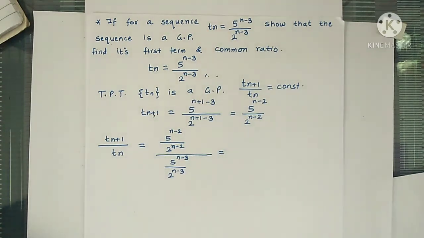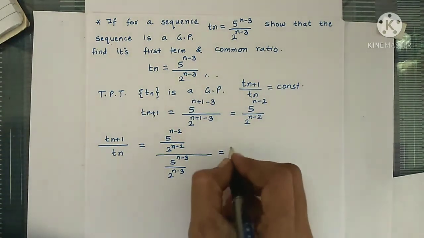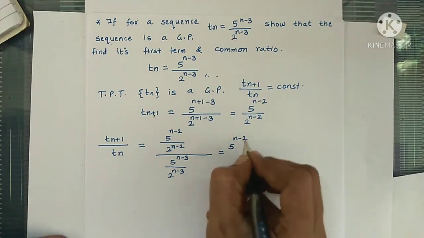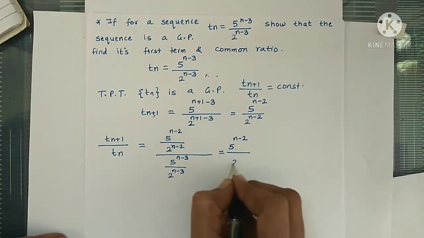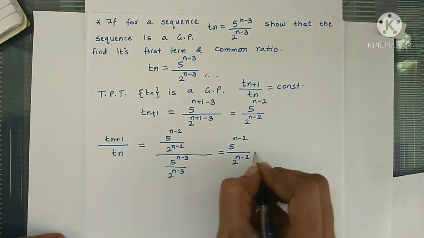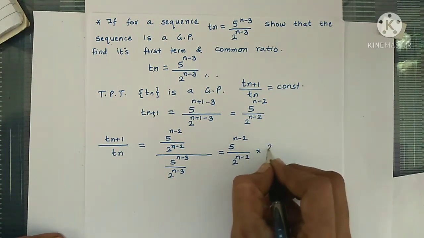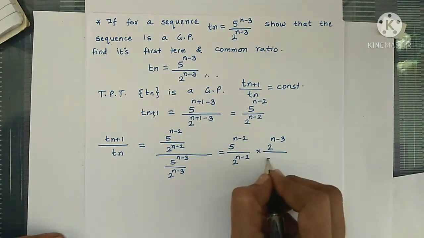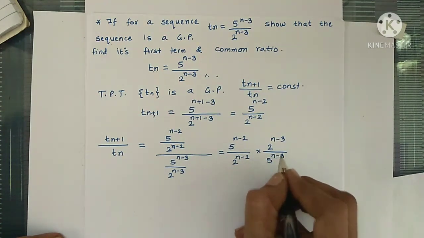Now division means multiplying by the reciprocal. So multiplying by the reciprocal we have 5 raised to n minus 2 divided by 2 raised to n minus 2 multiplied by 2 raised to n minus 3 upon 5 raised to n minus 3.